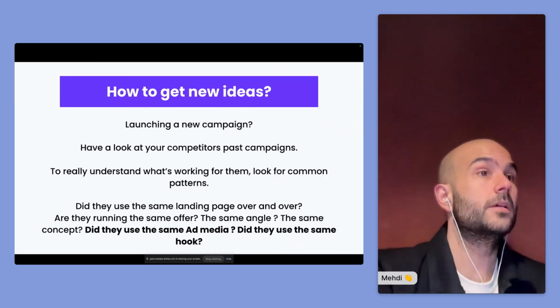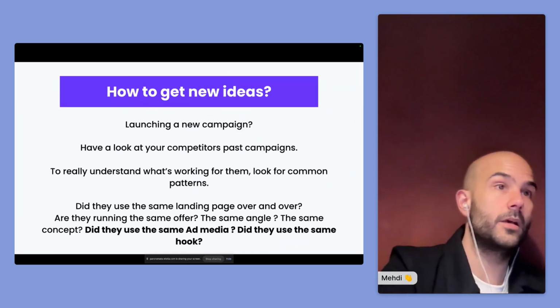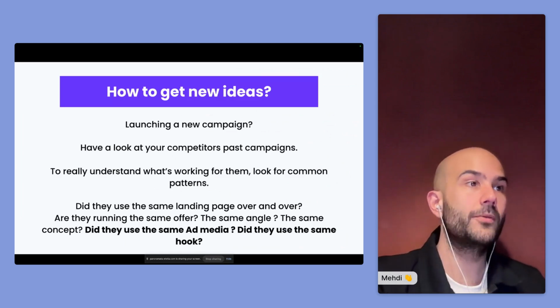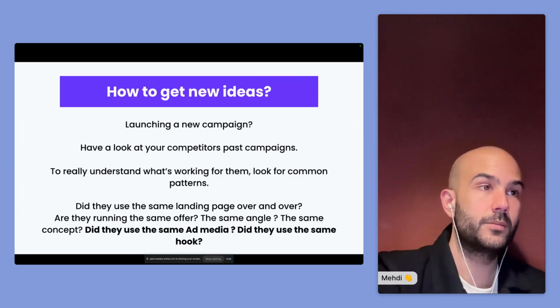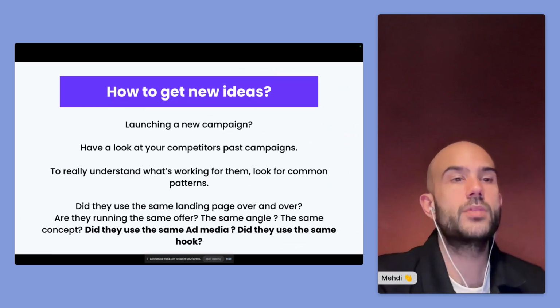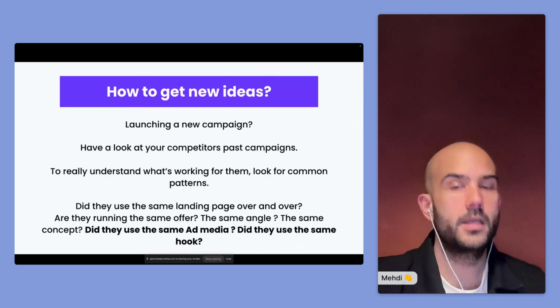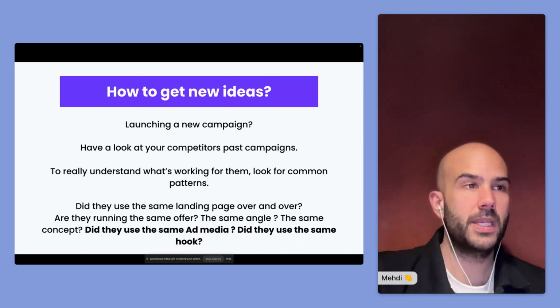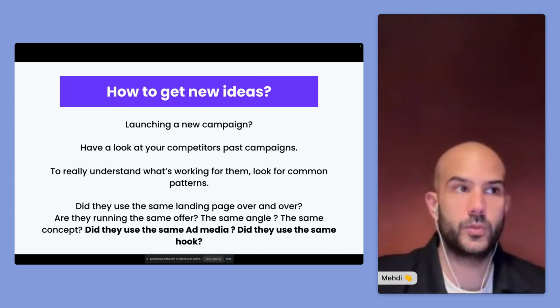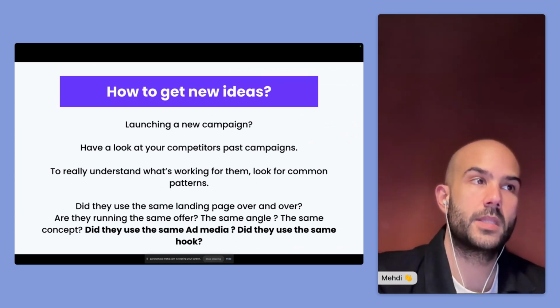So the question becomes, how to get new ideas based on the anatomy that we've just seen together. If you're launching a new campaign, one very good way to get new ideas and create winning campaigns quite quickly is to have a look at your competitors' past campaigns, but keeping in mind everything that we've just seen together, being able to identify the triggers, the concept, the stories, the angles.